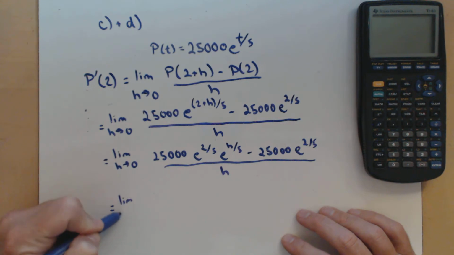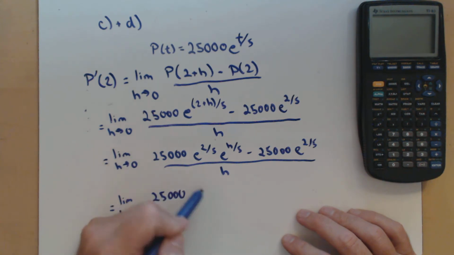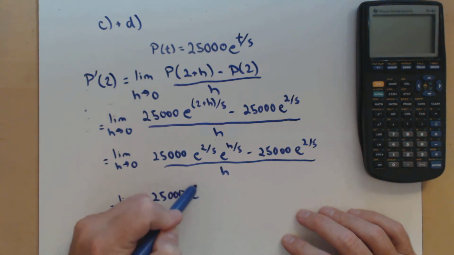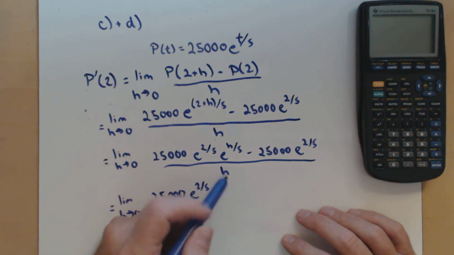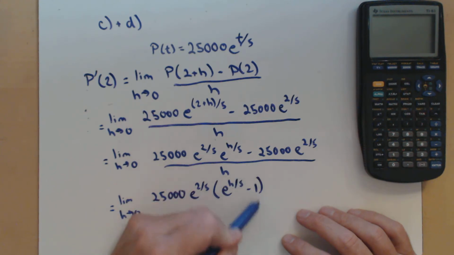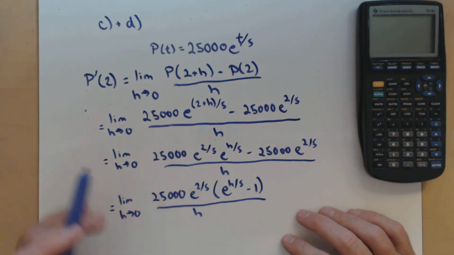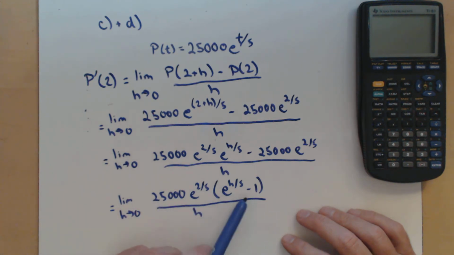And we could actually take it a step further. Limit as h goes to 0, we can pull out a 25,000 e to the 2/5 on top, times e to the h over 5 minus 1, all over h. This is all well and good, but we have no algebraic methods for calculating this limit as of right now.